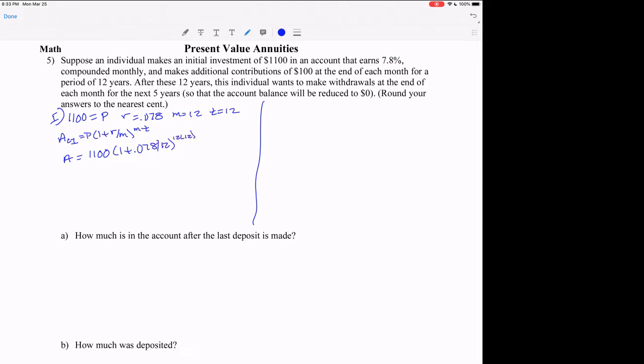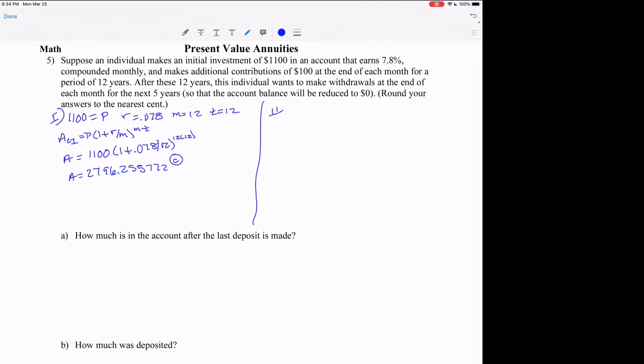And what we find is that that value is going to be this. I'm going to store that in my C value.